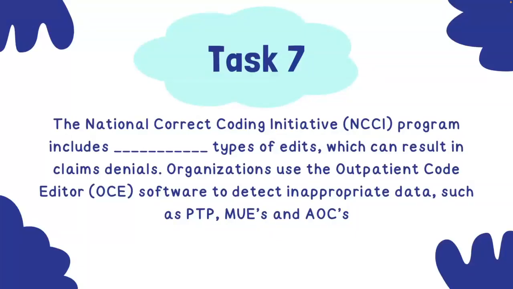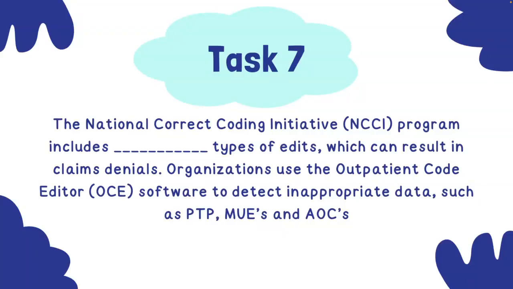The National Correct Coding Initiative program includes blank type of edits, which can result in claim denials. And organizations use OCE software to detect inappropriate data, such as P2P, MUE, and AOC.